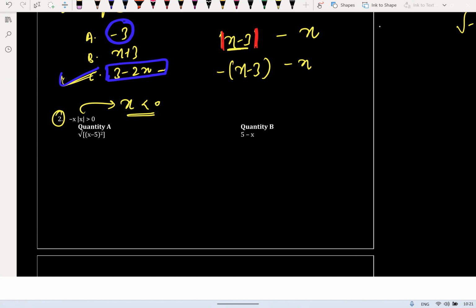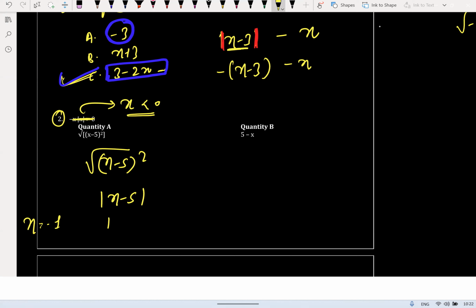The root of, so this is negative, right? I've taken x as root of x minus 5 whole square, which is nothing but mod of x minus 5. Now you have taken x less than 0. Let's take x equal to -1 or -5, whatever you take. I'll take -1.